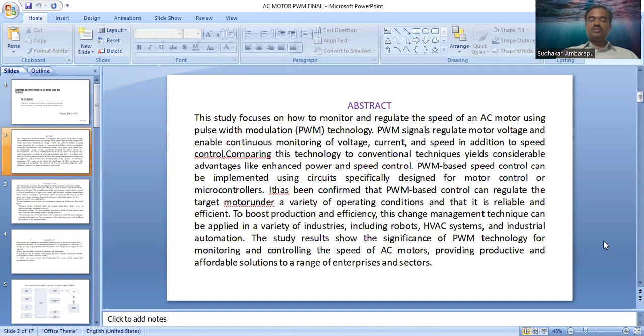So induction motors have various applications in HVAC systems, industrial automation, etc. So the effective monitoring of the speed of the induction motor is very essential in today's different applications as mentioned by me. So today we will be discussing the effective monitoring of the speed of the induction motor.